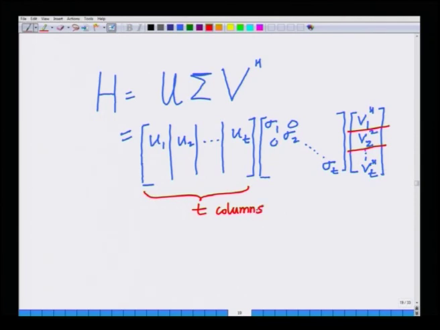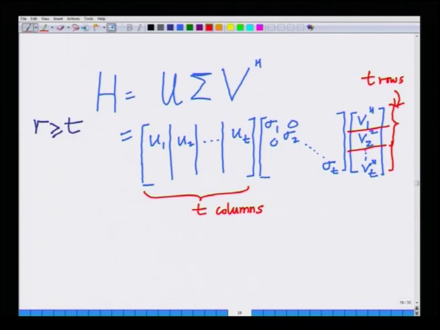Remember, I am assuming here that R is greater than or equal to T, that the number of receive antennas is greater than or equal to the number of transmit antennas. U has T columns. This matrix V has T rows.